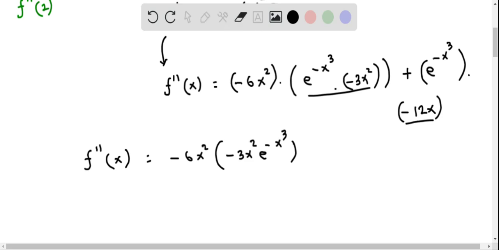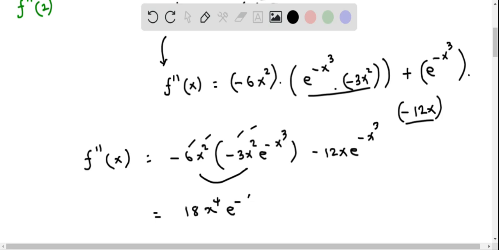So I put negative 12x first, multiplied with e raised to the power of negative x cube. When we multiply these two, we get negative 6 times negative 3 is positive 18, and x squared times x squared is x power 4, e power negative x cube, minus 12x e power negative x cube.